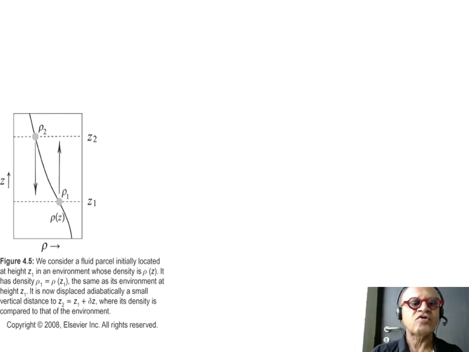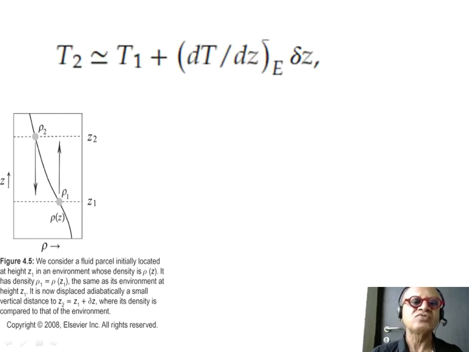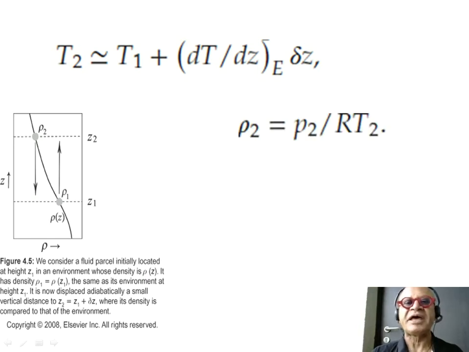So going back to our favorite figure again, we had rho 1 at Z1, rho 2 at Z2. We were trying to move them around. T2, using the dT/dz relation, assuming now we are in a dry atmosphere, is T1 plus the gradient. So instead of the density gradient, we're just going to use the temperature gradient times delta Z. Very simple equation, kind of the Taylor expansion again.